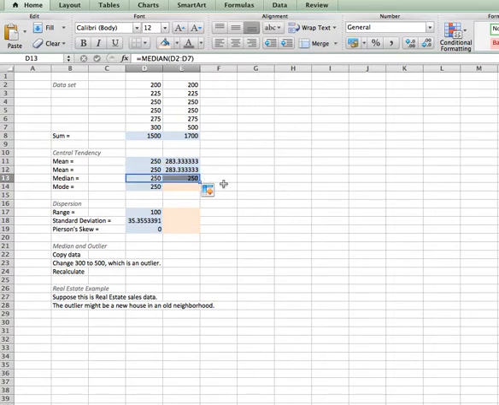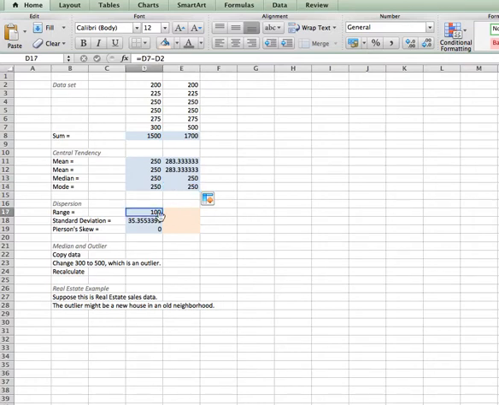I drag that formula across, and we see the median did not go up. And that's because the middle value is still here at 250. The median is not affected by an outlier. And with mode, we calculate that, and we see the same result. The mode is still 250 because that's still the most commonly occurring value in our data set.